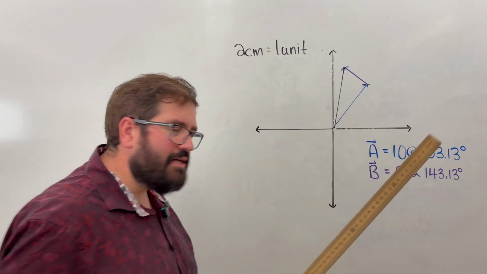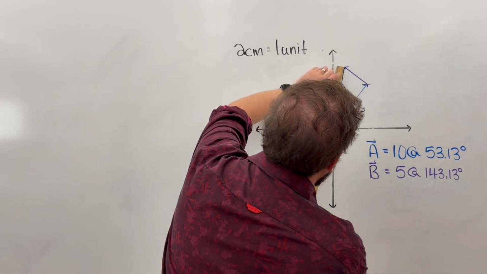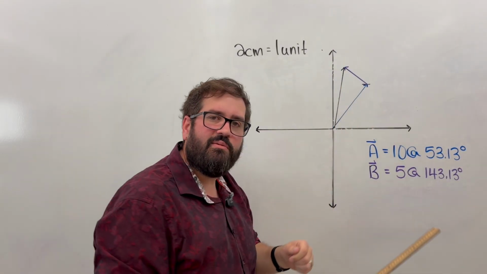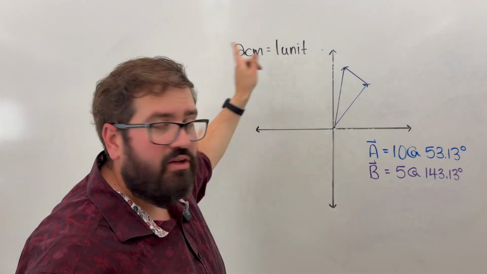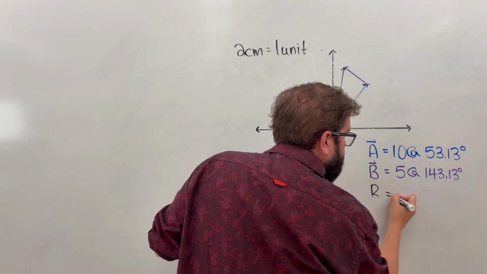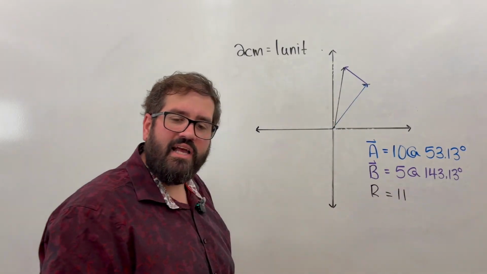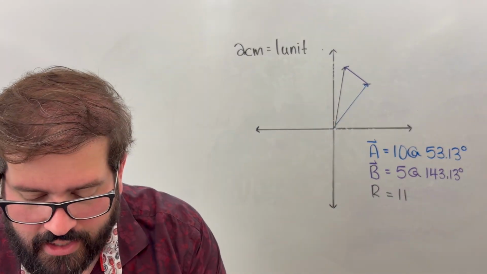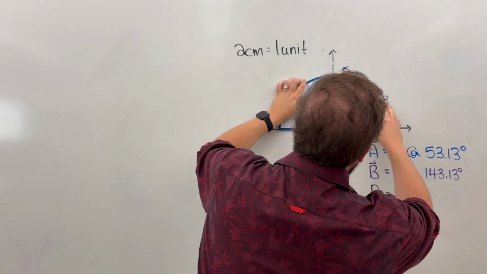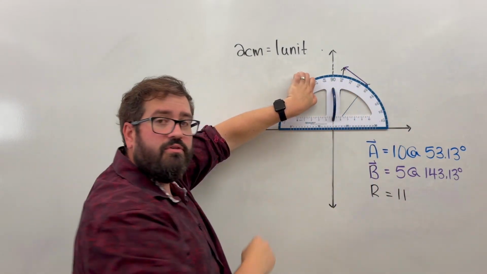Now to get the actual answer, I'm going to measure it out. I see that I get about 22 centimeters. With my scale, 22 centimeters turns into 11. And to get the direction, I take up my protractor, put it on the origin, see where it lines up with the final vector.